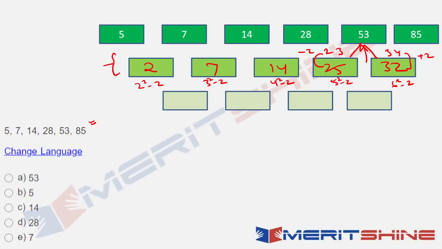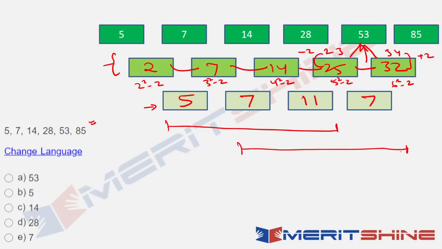Let's say it did not click to you. Then what would you have done? Gone for the next level difference, which is 5. This is 7. And then this is 11. And this is again 7. Now, what did I tell you? If you have to go till the second level difference, you are at the mercy of the examiner. You will assume that these 3 are not incorrect and these 3 are also not incorrect.